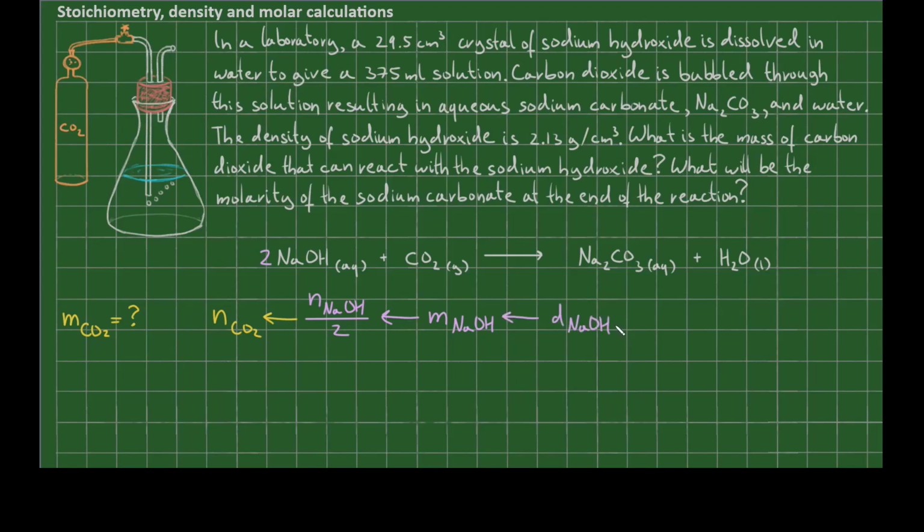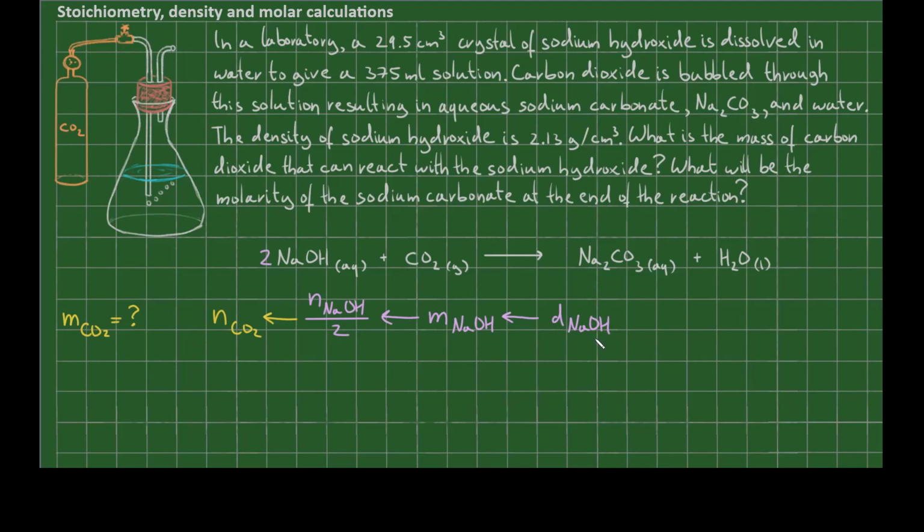And now, moving forward, I could say that I'm going to use the density of sodium hydroxide together with its volume to calculate the mass of the sodium hydroxide, which I can then use to determine the moles of sodium hydroxide, which I can then use to determine the moles of carbon dioxide, which I can then use to determine the mass of carbon dioxide. I did tell you, it is a hairy problem. Alright, this is the pathway for the first problem.